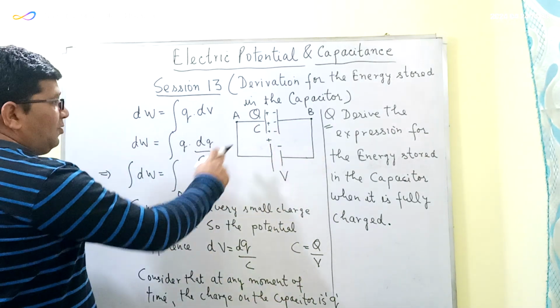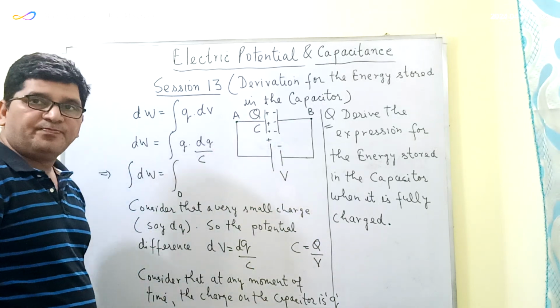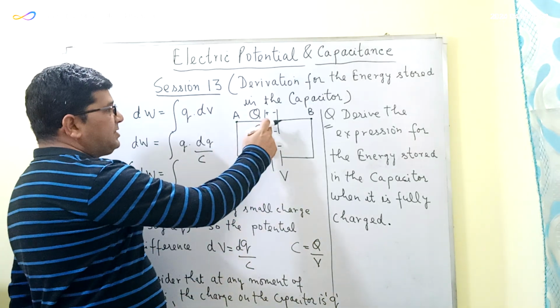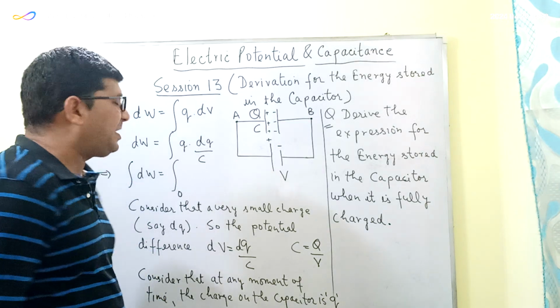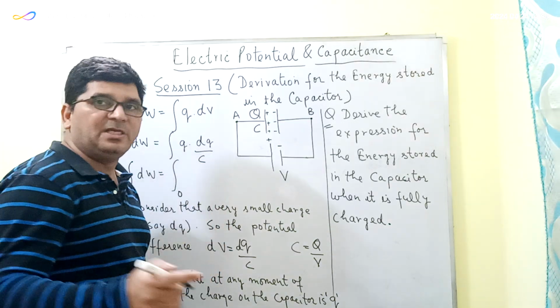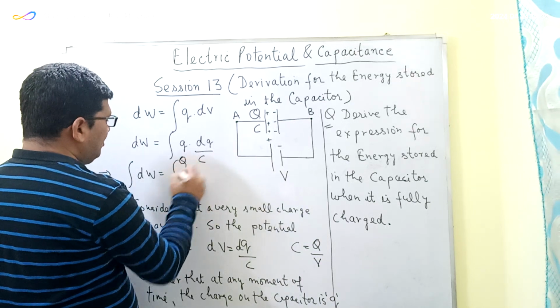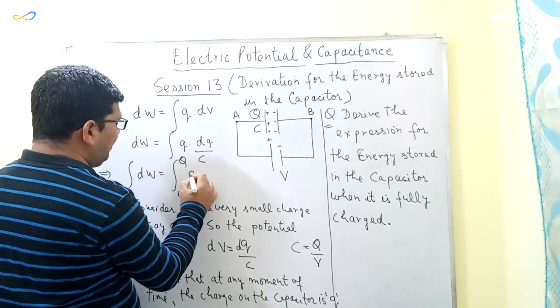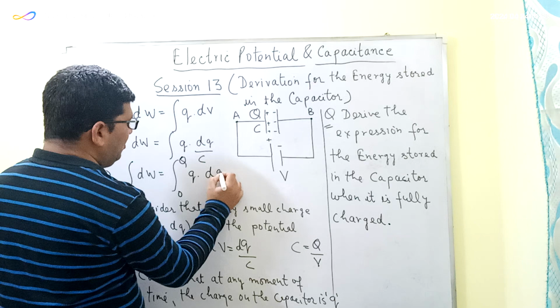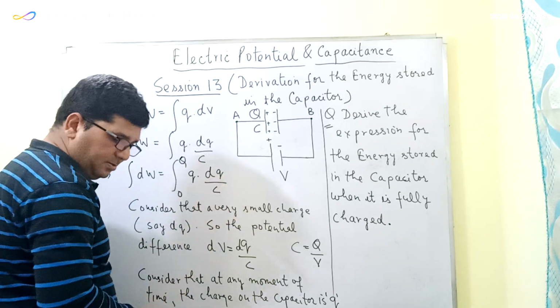So capital Q is the amount of charge deposited on the plates of this parallel plate capacitor when it is fully charged. We charge this capacitor from 0 to Q, so it will be Q dq divided by C.